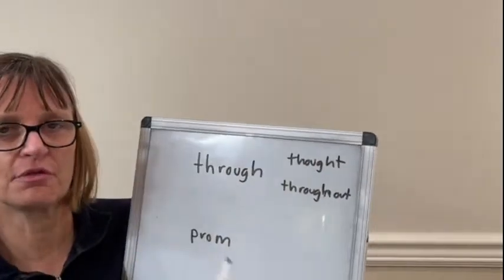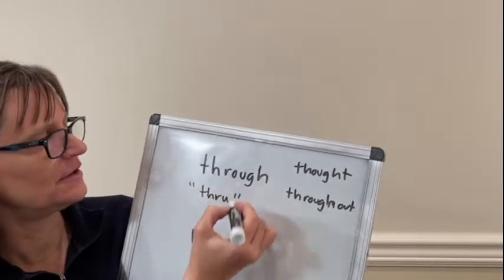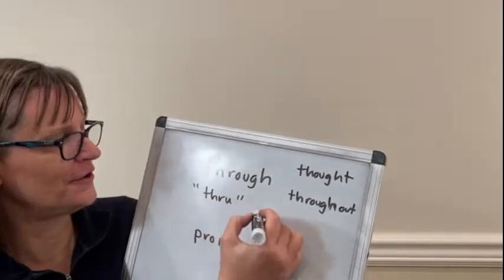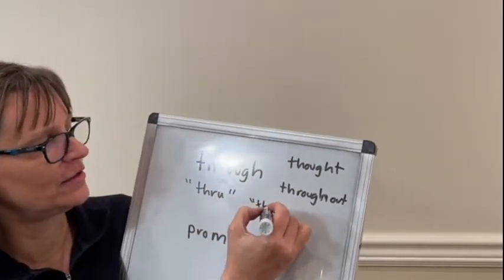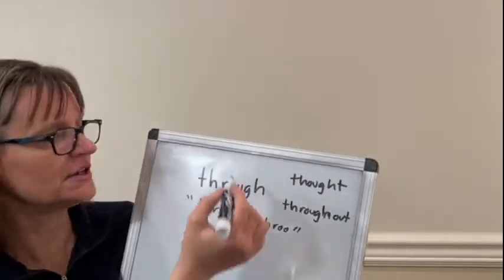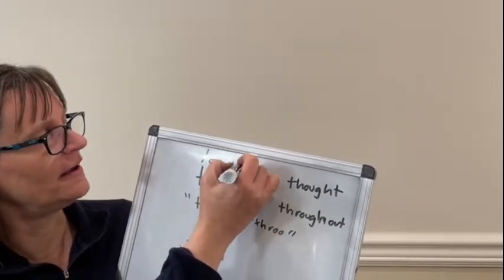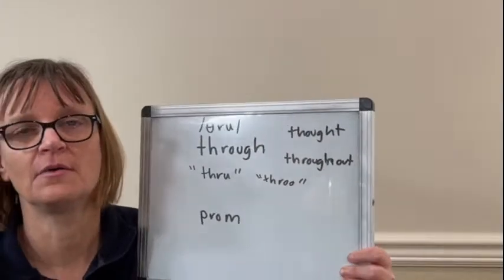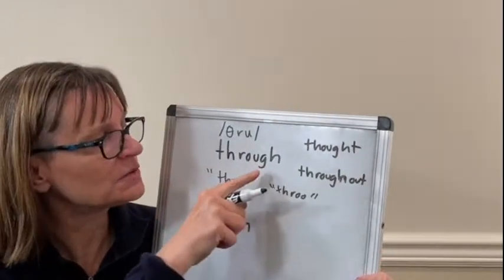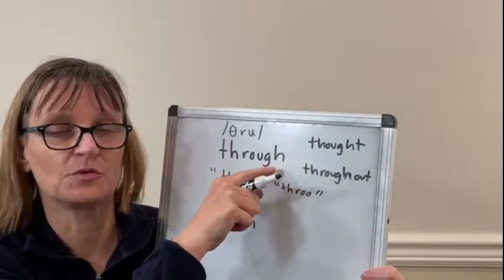So for through, I rewrite this sometimes as thru, like we see in drive-through, or you can think about it like thruu with two O's, because even though there's lots of letters here, we actually just have the voiceless TH, the R, and the oo sound. So spelling is definitely a factor in this word, because this looks like it has the word rough in it.